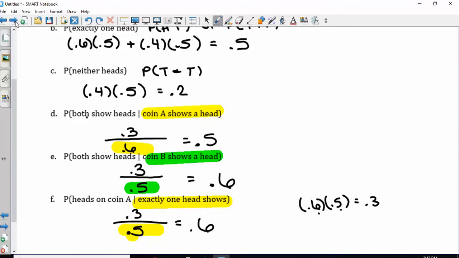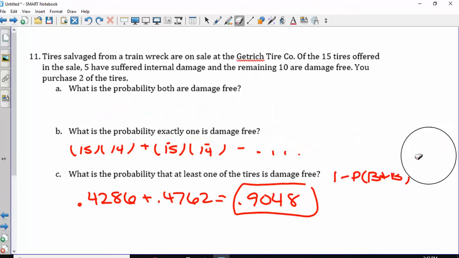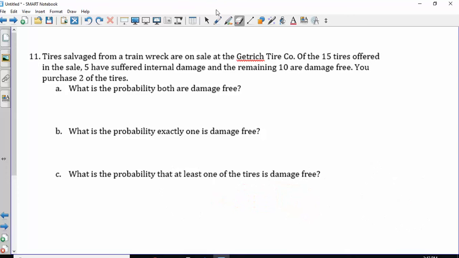Alright. So at problem 11. So we have tires, salvage from train wreck. We have 15 total, 5 have internal damage and 10 are good. You purchased 2. So the probability that both are damage free, so that means you have a good tire and a good tire.